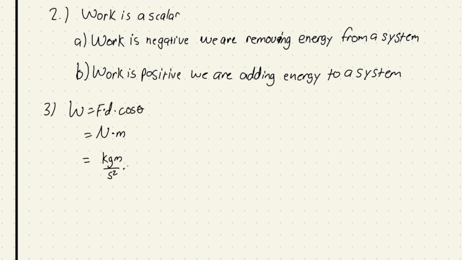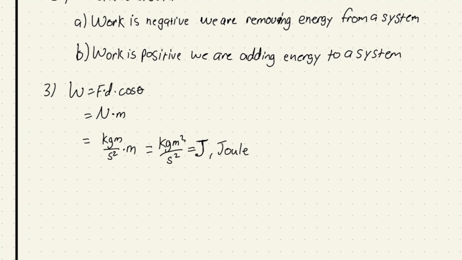But then we multiply it by this other meter, and what we get is a kilogram meter squared divided by a second squared. This thing here is called a joule, and it's given the letter capital J. So the units of work are joules, and we'll see that the units of energy are also joules.